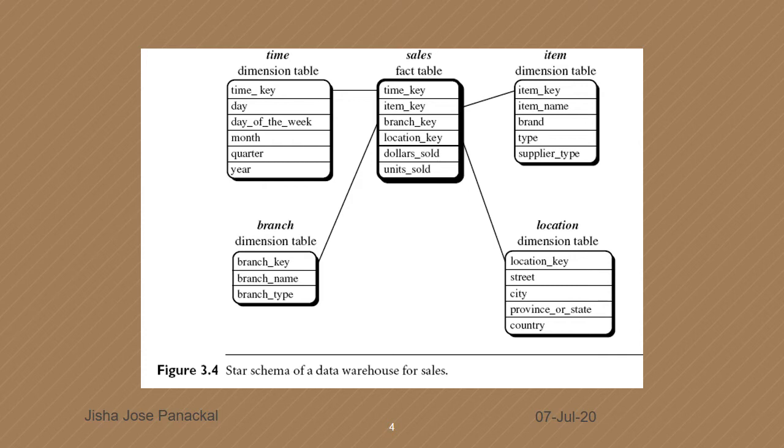For example, time may be described using day, day of the week, month, quarter and year. An item may be described using item name, brand, type and supplier type. So like that we have all dimensions and also we have the fact table. This is the star schema of a data warehouse for sales.